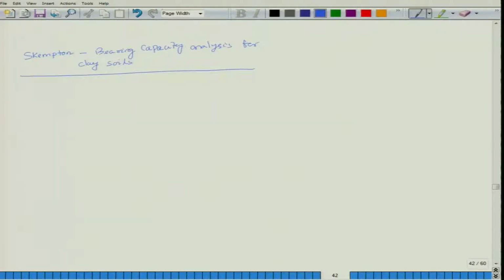For strip footing, Nc is equal to 5 into (1 plus 0.2 Df by B), with a maximum of 7.5.